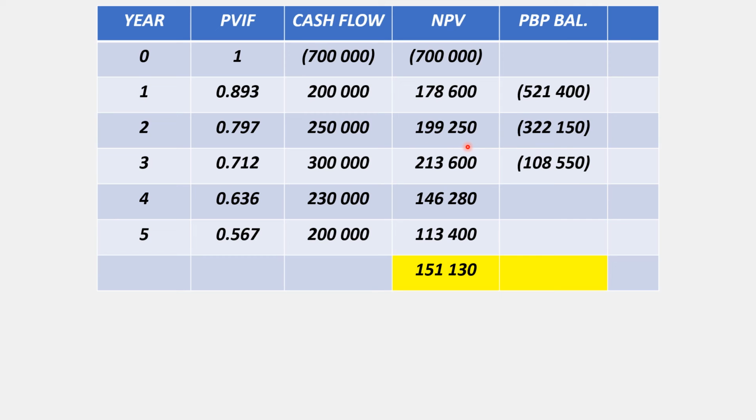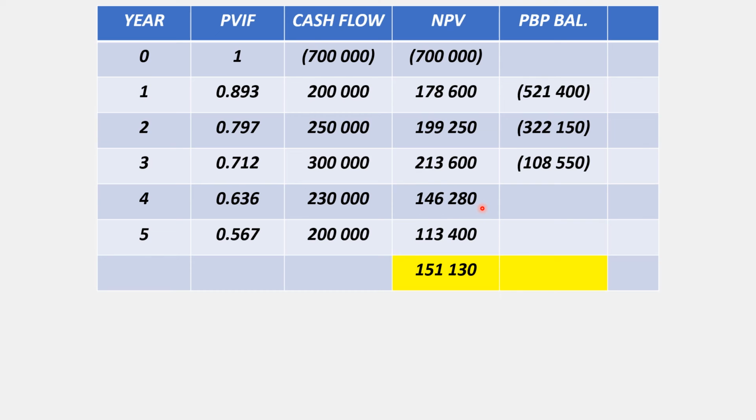Next year we will receive cash of 199,250, which will further reduce the payback balance, to 322,150. Then the following year 213,600, and we will come down to 108,550 left for the fourth year. And this would be more than paid off when we get this cash flow here.